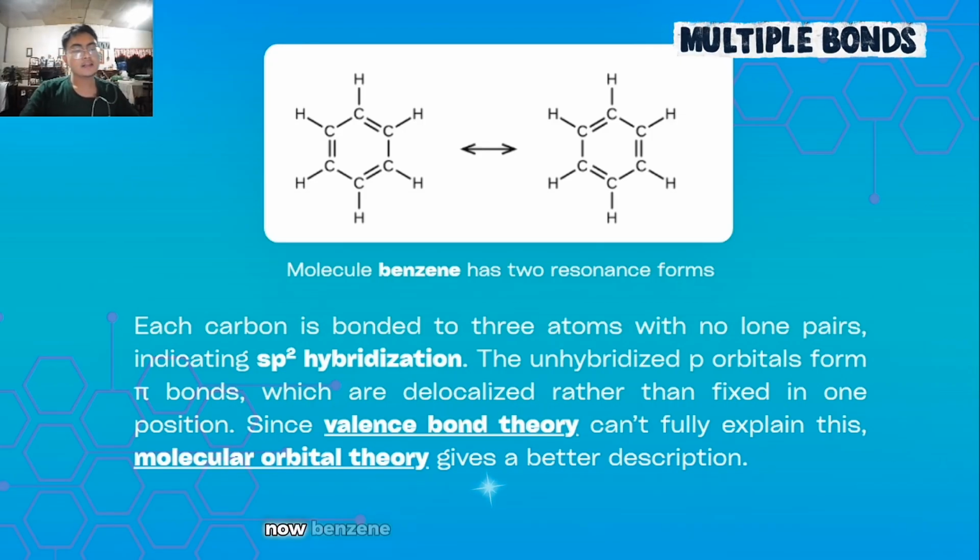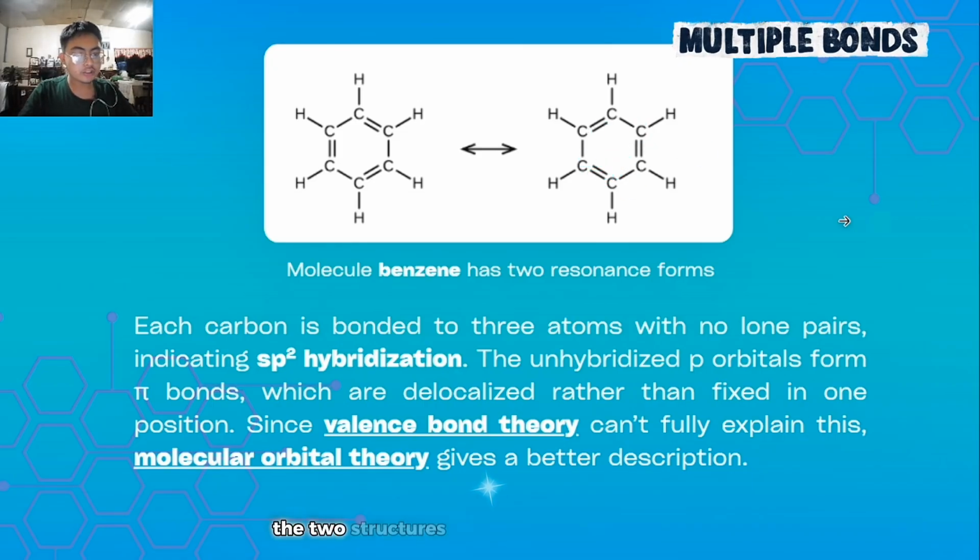Now benzene is a six-membered carbon ring. As you can see, there are six carbon atoms and also hydrogen. Now each of these is drawn with alternating single and double bonds. As you can see, single, double, single, double, single, and another double.